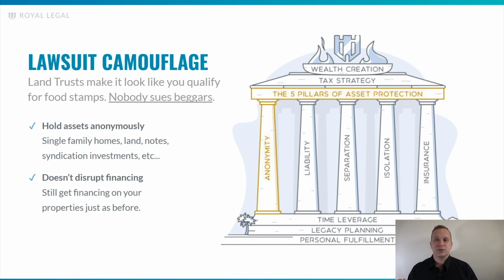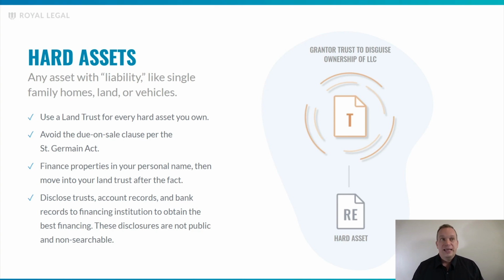And the best part is, guys, with these types of revocable trusts, you don't have any disruption inside of the normal financing chains that you might otherwise have, right? So whether this is the right type of strategy for you really depends upon how committed you are to wanting that type of privacy and protection.